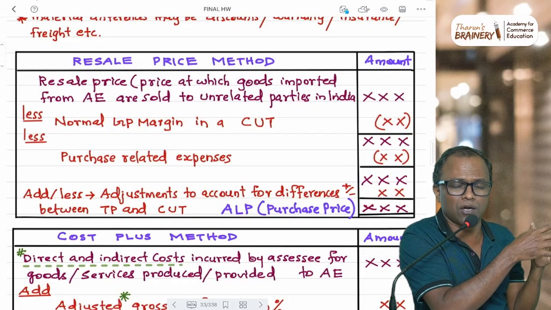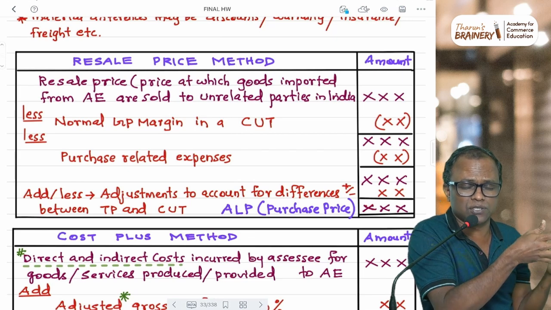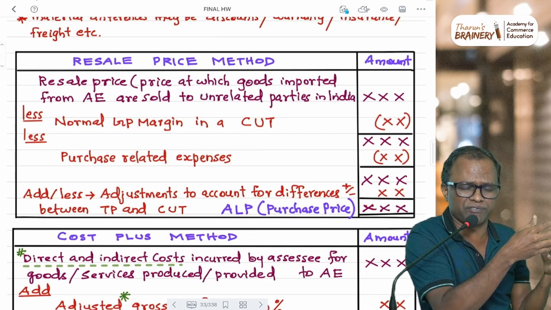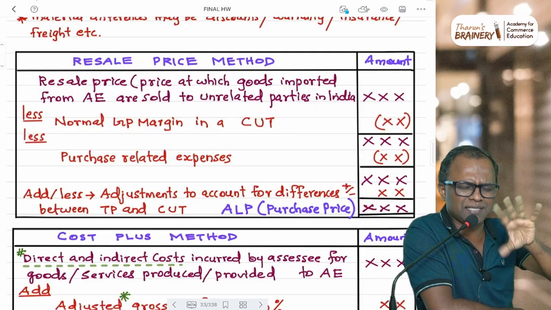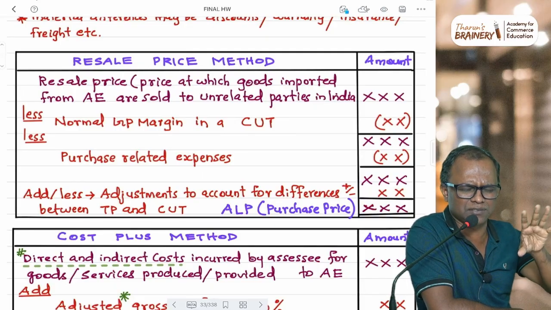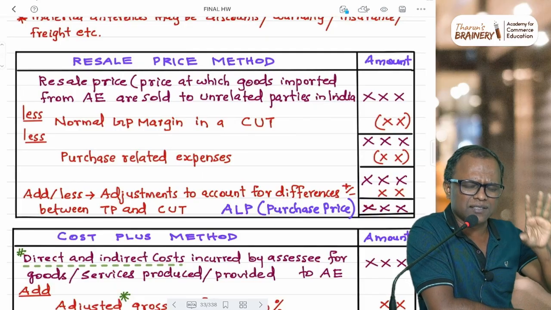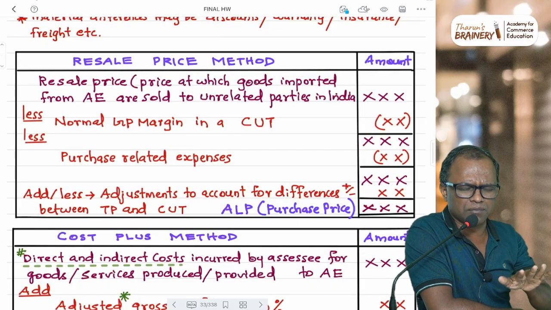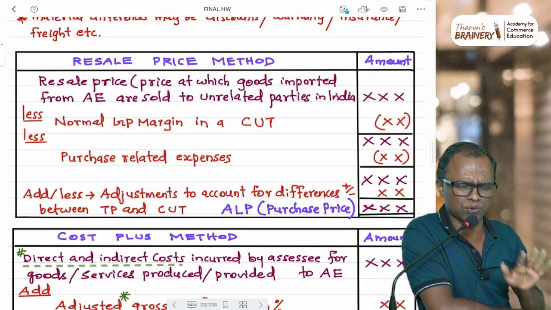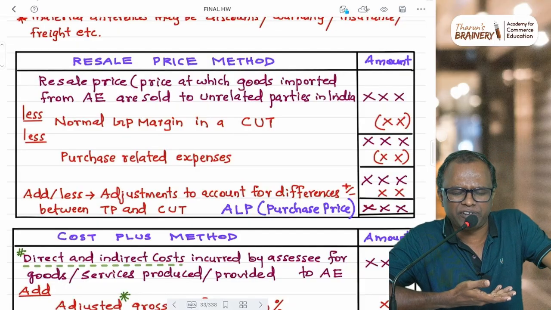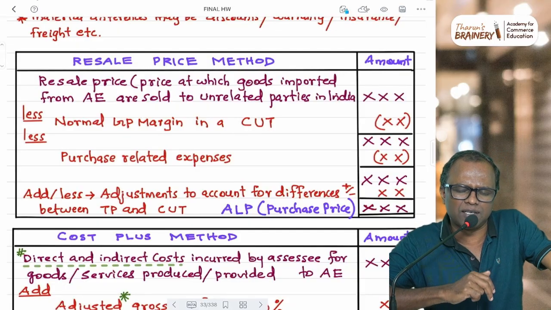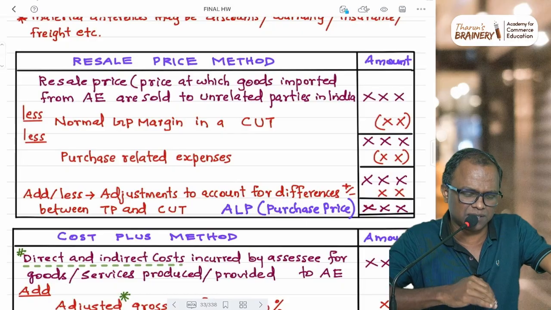If they are doing a lot of value addition to those goods or services and then loading profit, then selling, this is not suitable. But if just some basic value addition is done, and the characteristics are not changing, in that situation we can say the resale price method is best suited, for a reseller or redistributor. So the main manufacturer is outside India, and the distributor is an AE located in India. In those cases, this method is suitable.